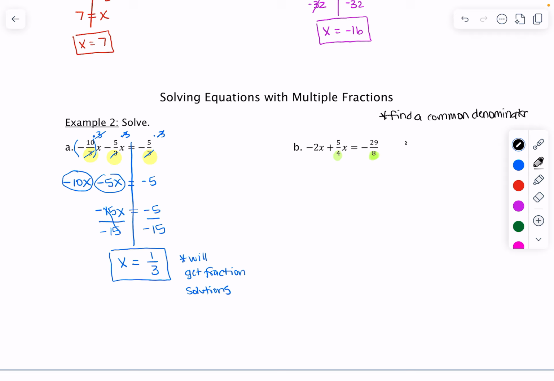So in this problem, you're going to ask yourself, what number does 4 and 8 multiply into?